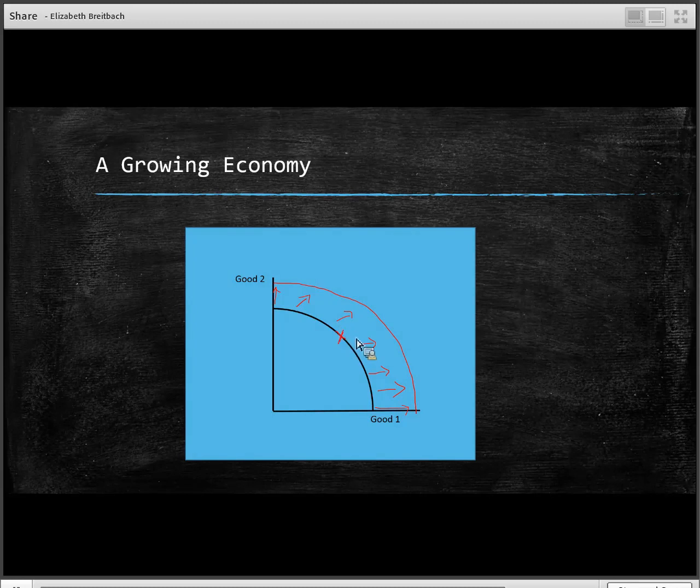But it's not that supply factor alone that's going to shift that production possibility frontier outward. We also need consumers to demand those products. And if consumers don't demand it, then we're not going to see companies decide to produce more. And so it's the demand factor that's going to move us outward towards that new production possibility frontier.